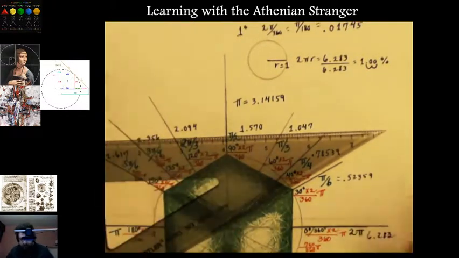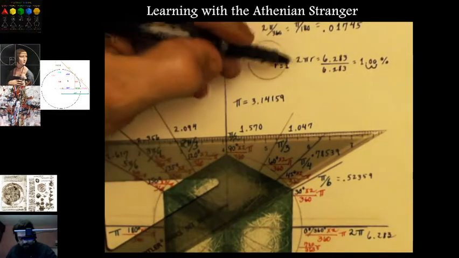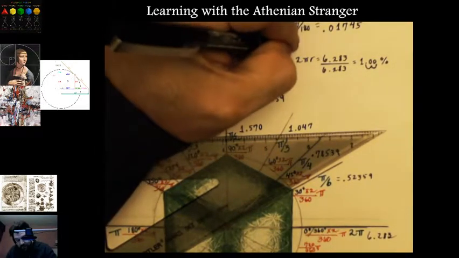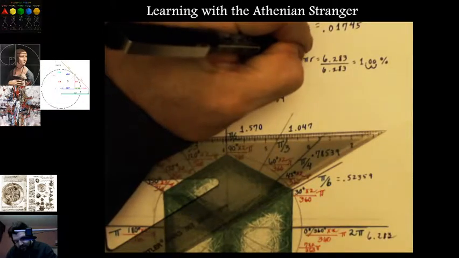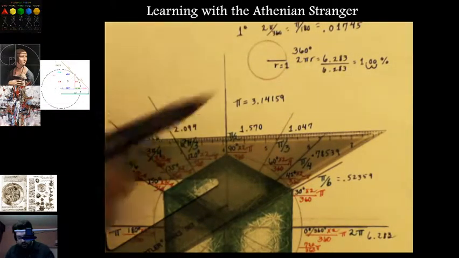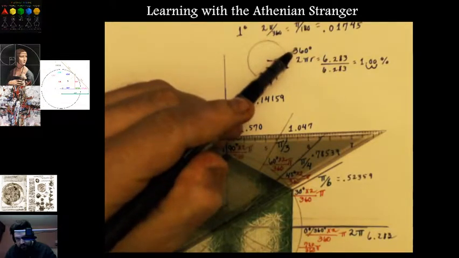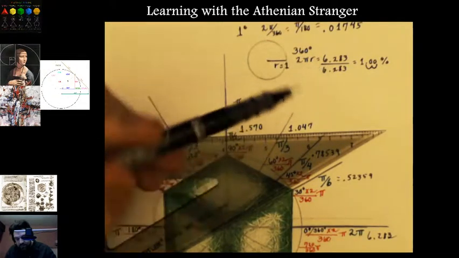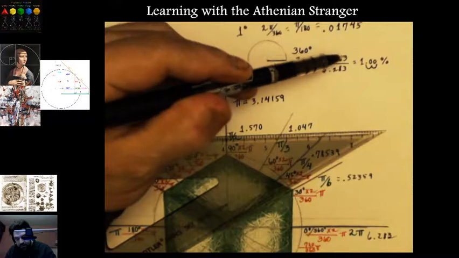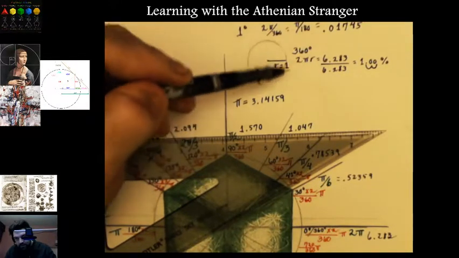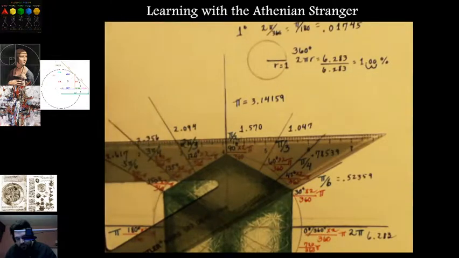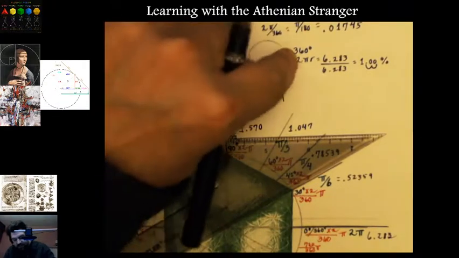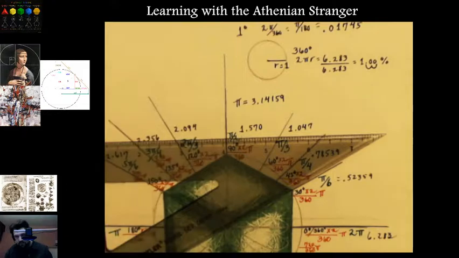Now that should be plainly obvious. This is the radian measurement for 360 degrees. The radian measurement of 6.283 represents 100% of 360 degrees. Well, of course it does. It's the entire circumference.